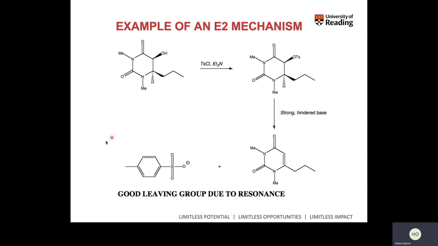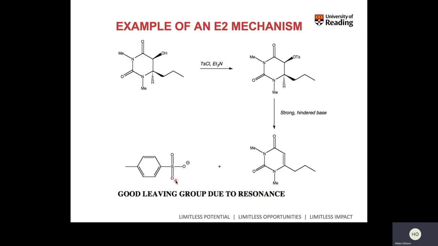I've shown you when that happens, we make our double bond by the transition state and we get this as our leaving group. Now we've spoken a couple of times about resonance, and this is a particular leaving group which is useful because it's very stable due to resonance. This part here is going to be involved in resonance because we've got a single bond with a charge connected to a double bond.